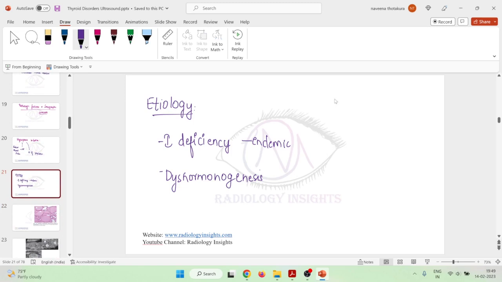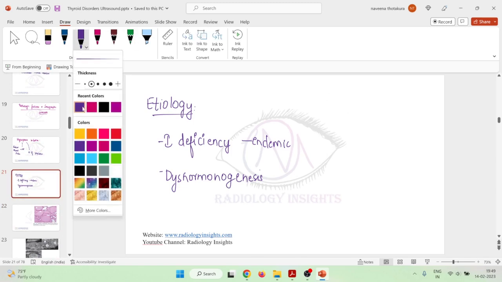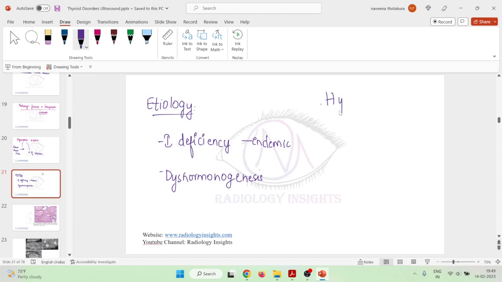What actually happens is there is hyperplasia of the thyroid gland. Whenever there is hyperplasia of the thyroid gland, and the size of the thyroid gland increases diffusely, this will result in formation of a goiter.